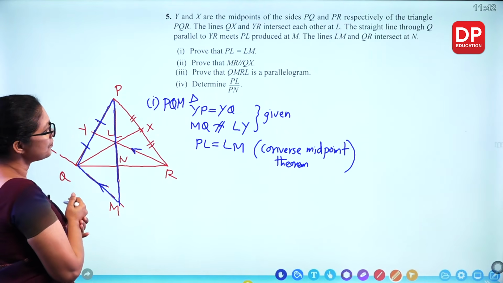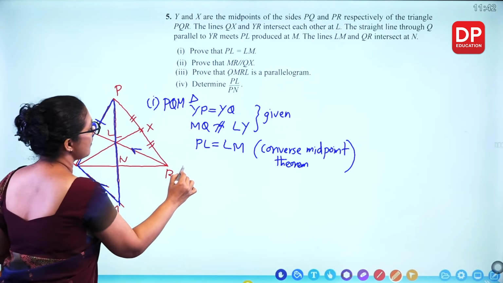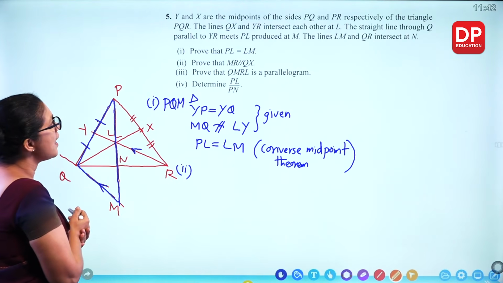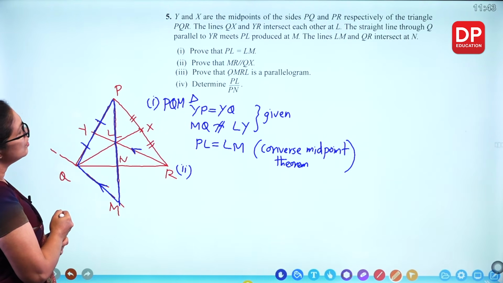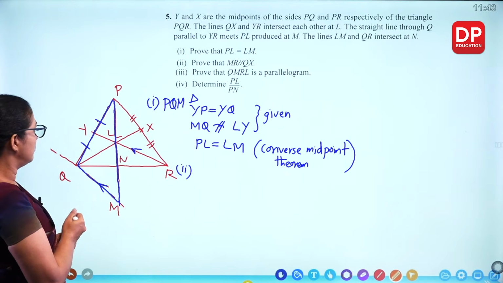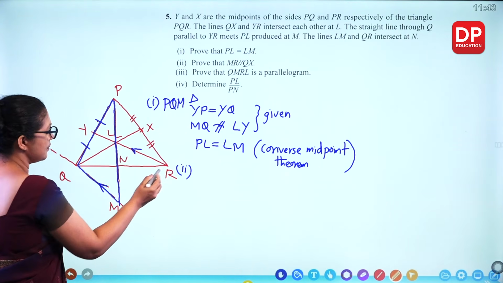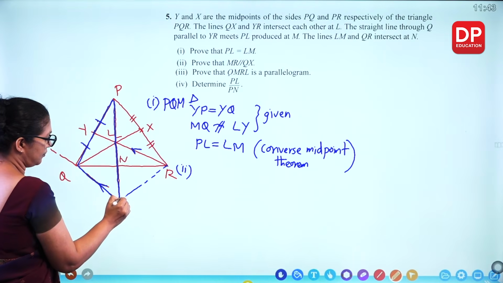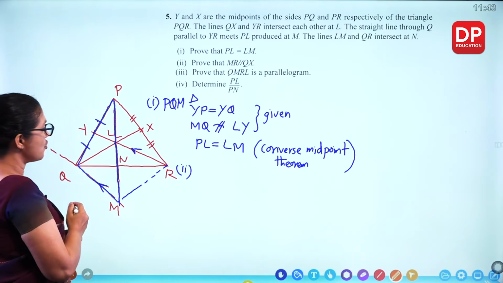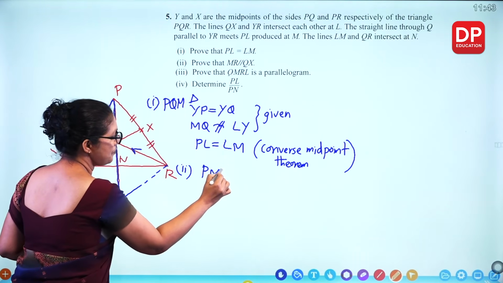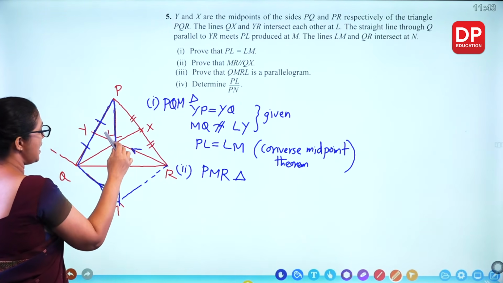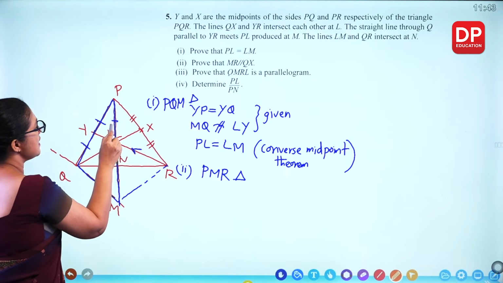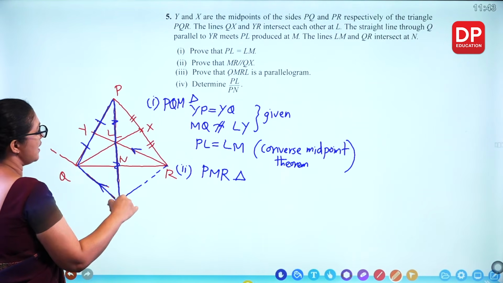Second part, prove that MR is parallel to QX. Now look at the PMR triangle. We found out PL equals LM. This length is equal to this whole length.